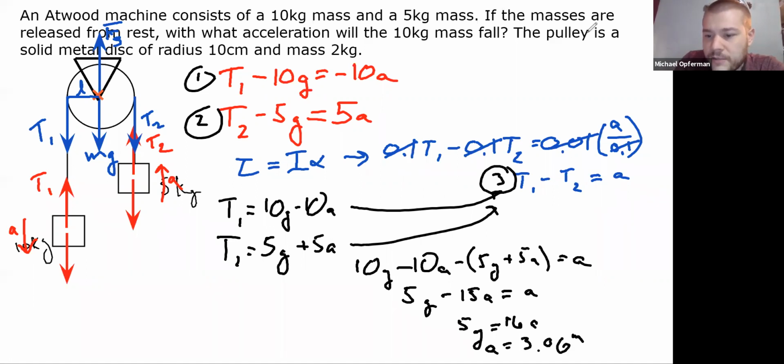And I got a positive answer, which means I was correct about the direction that everything is rotating. The 10 kilogram block is accelerating down. The pulley, by the way, I assumed in this solution here that the pulley was accelerating counterclockwise because I made this positive here.